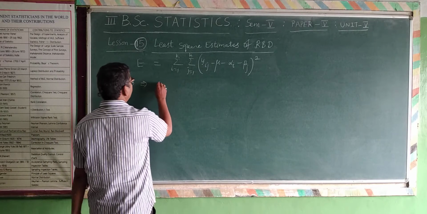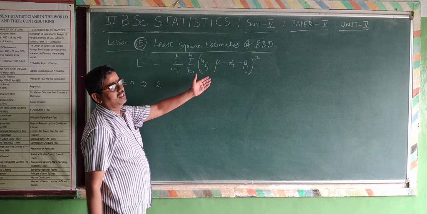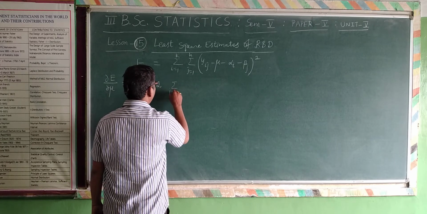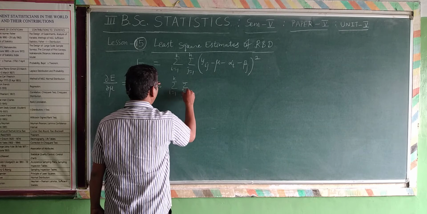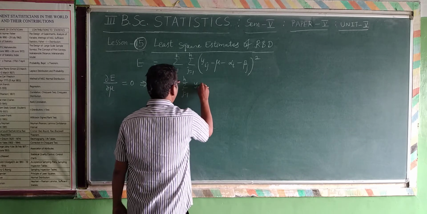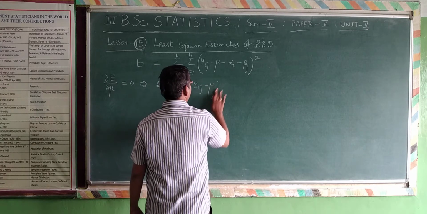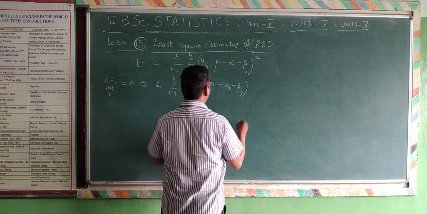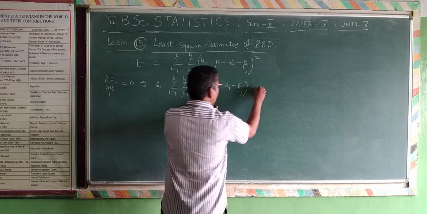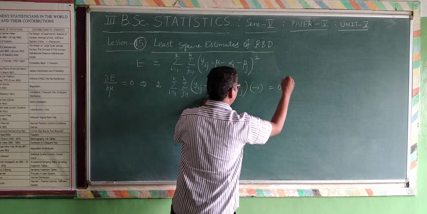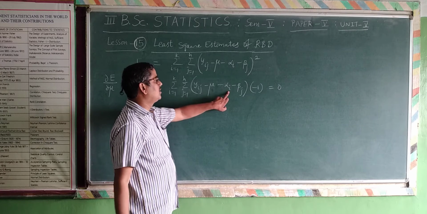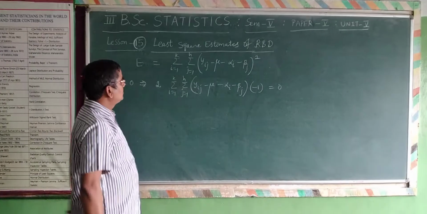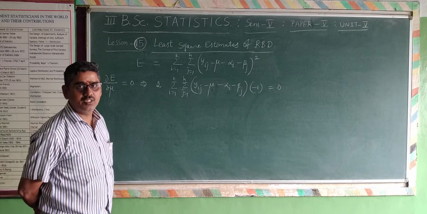If we differentiate, it is f of x whole square, so 2 f of x times f dash of x, that is summation i is equal to 1 to k, summation j is equal to 1 to h, Yij minus mu minus alpha i minus beta j multiplied by minus 1, the differentiation of minus mu. Why is the differentiation 0 for the others? Minus alpha i differentiation is 0, minus beta j differentiation is 0. So therefore this is the differentiation.